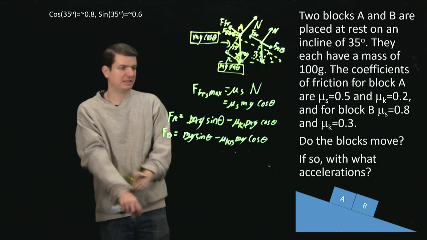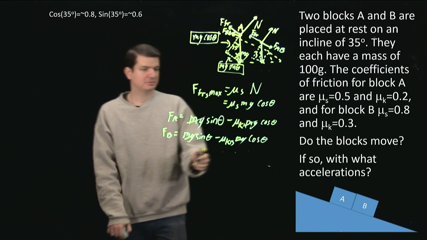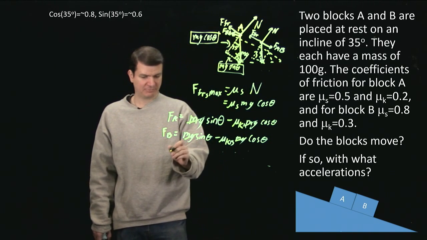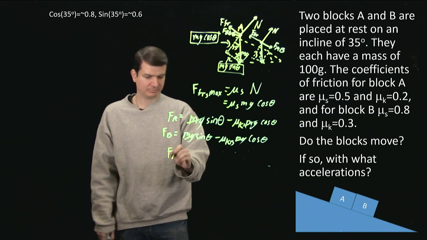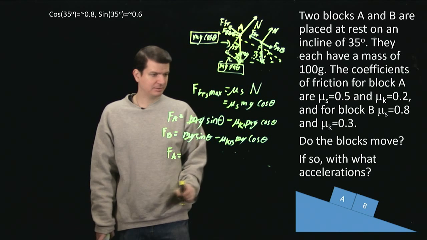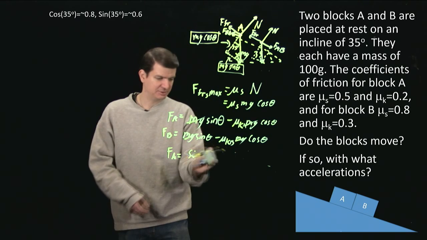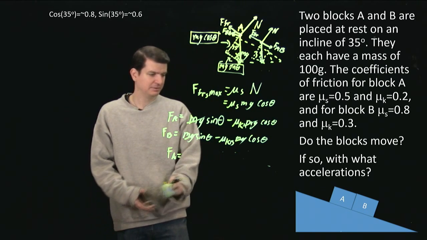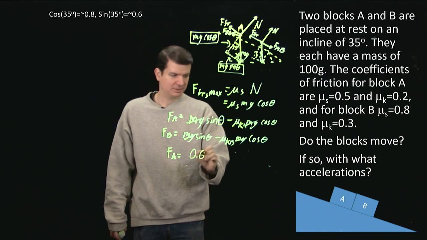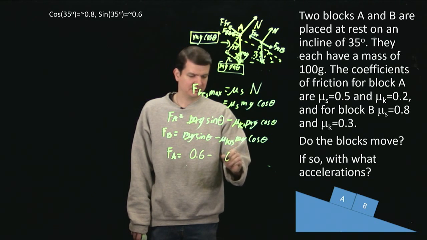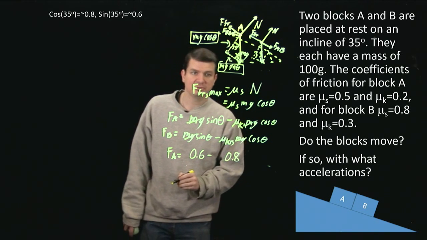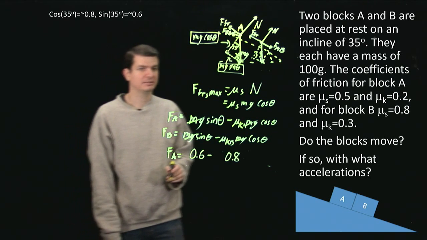So what would be our net force on A? F on A is sine theta, which I said was 0.6, so let's put that in, minus 0.8 times mu k for block A, 0.2.